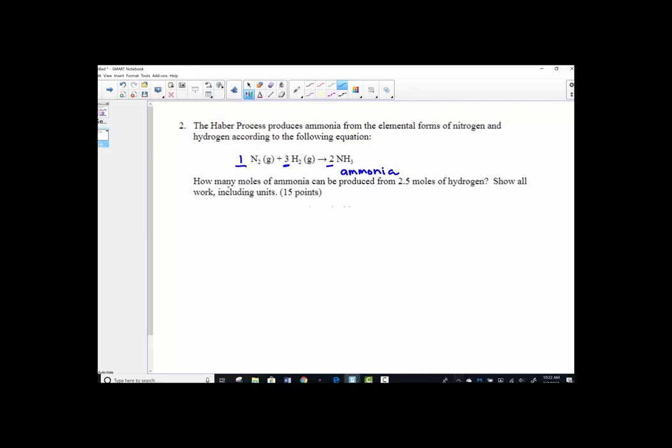How many moles of ammonia? That's what we want to solve for. Ammonia, NH3, can be produced from 2.5 moles of hydrogen. That's our given quantity.